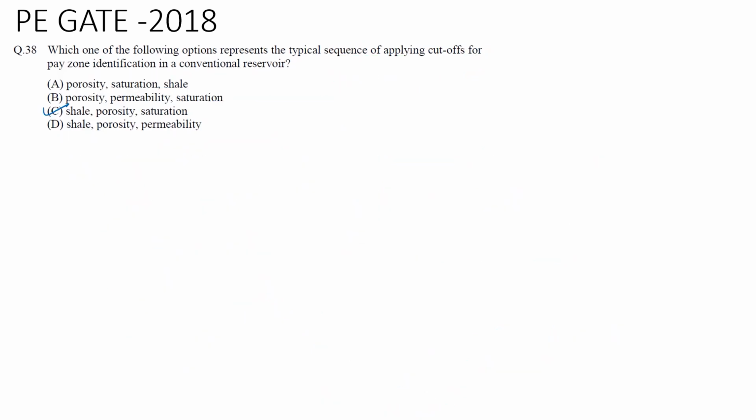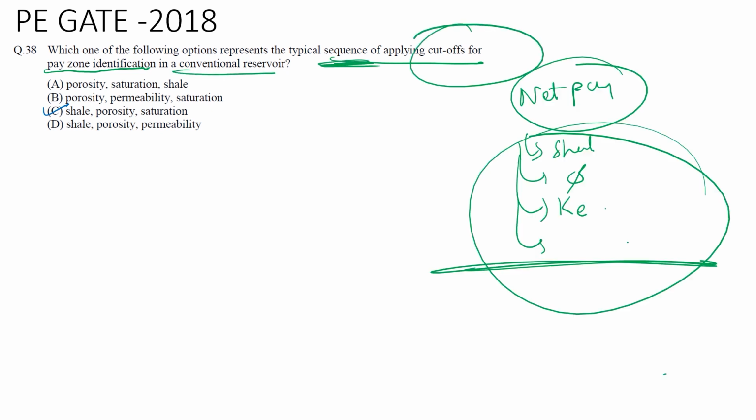This particular question was asked in GATE 2018. Which one of the following options represents the typical sequence of applying cutoffs for pay zone identification in a conventional reservoir? In my volumetric calculation session, I discussed the cutoffs for net pay identification, and I mentioned that the cutoffs are shale, porosity, effective permeability, and saturation of oil.